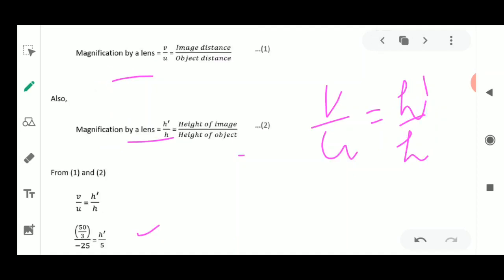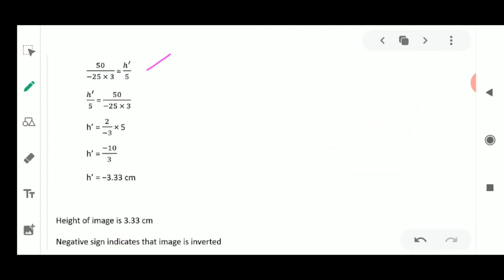We have substituted 5 here, as we know the height of the object was plus 5 centimeters. So lastly h dash was minus 10 upon 3, so the height becomes minus 3.33 centimeters. This is the height of the image.